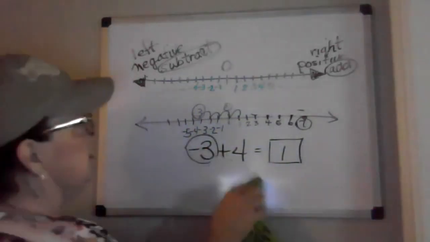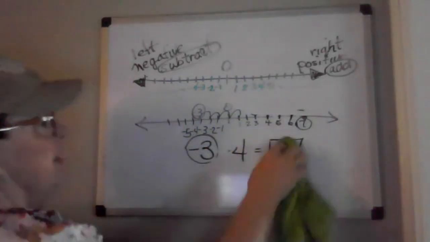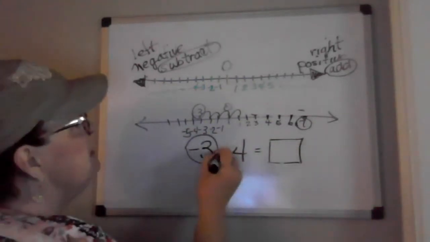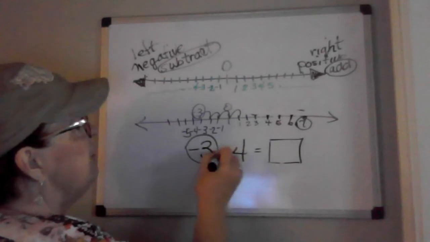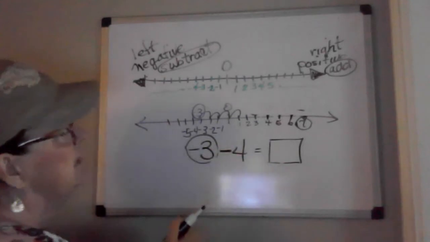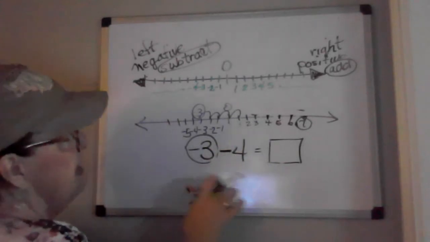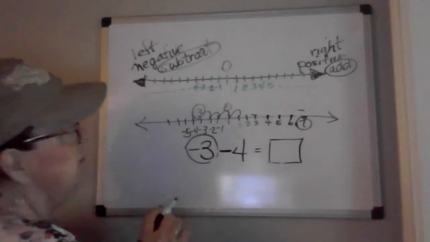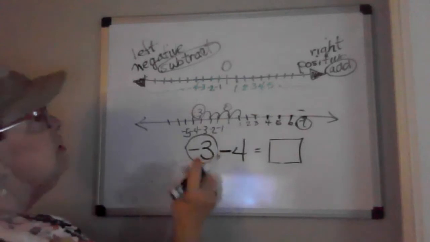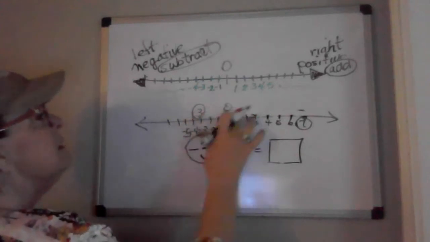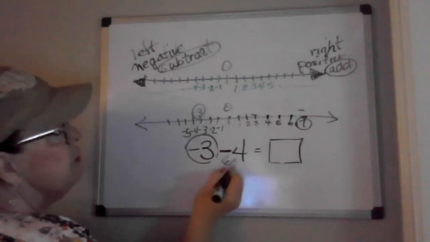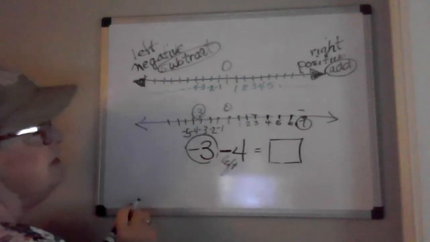How about if I change this very, very little and I make this a minus? Now you're going to find out all the way through my curriculum that a minus and a negative mimic each other. In this case, we're going to start at the negative 3, but this tells us we're going to go to the left. Do y'all see?